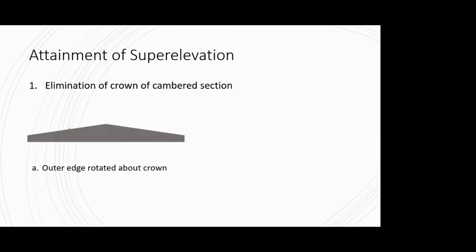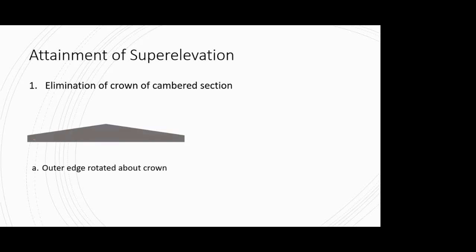You only visualize it when the superelevation is on a higher side or there is a sharp curve. In that case you can see a clear level difference between the outer edge and the inner edge. But other than that, it's very difficult to say whether a superelevation is provided if the curve is a mild one.